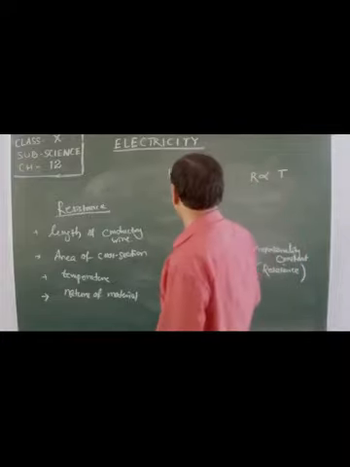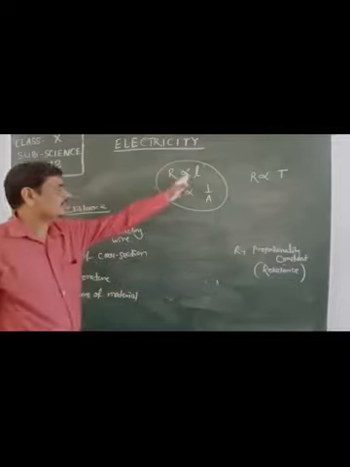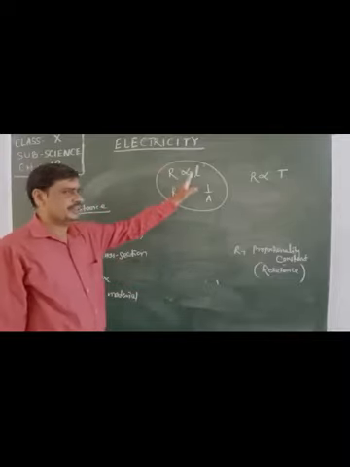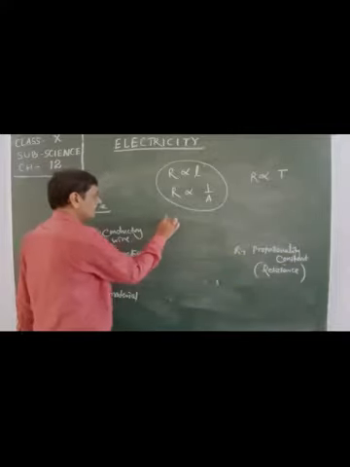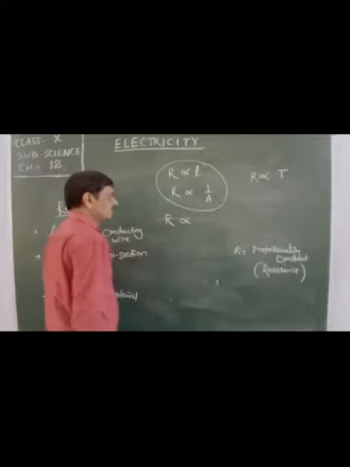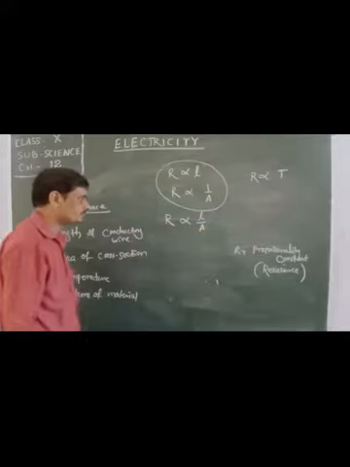It is fixed. So when we compare these two relations, resistance and length, resistance and area of cross section, this resistance is directly proportional to length by area of cross section.